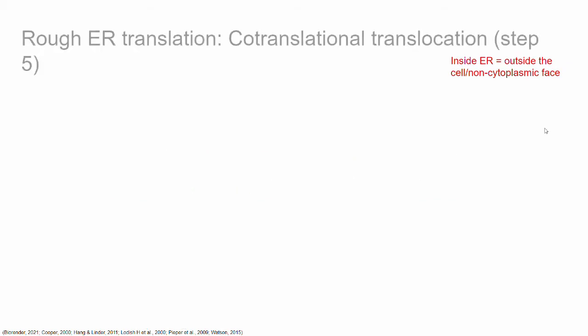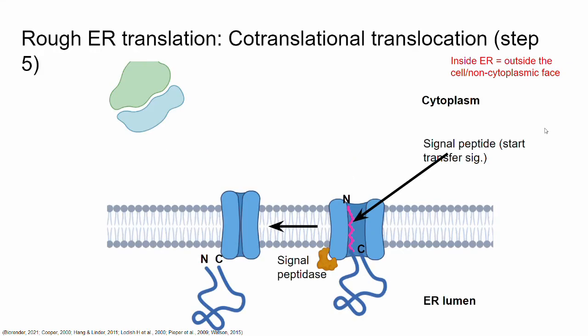Now, let's look at another outcome of this step, which is step 5. Similarly here, we have a signal peptide, or a start transfer signal, which means basically that the whole complex should be pulled to the endoplasmic reticulum, and that the ribosome should add amino acids on this side.